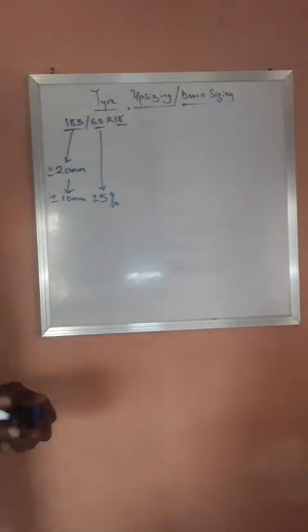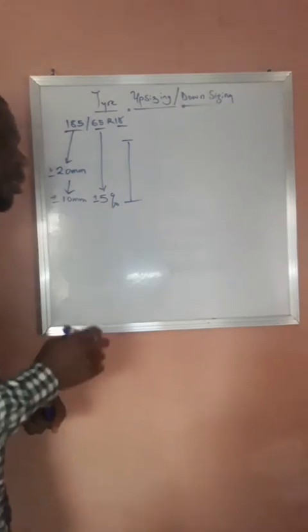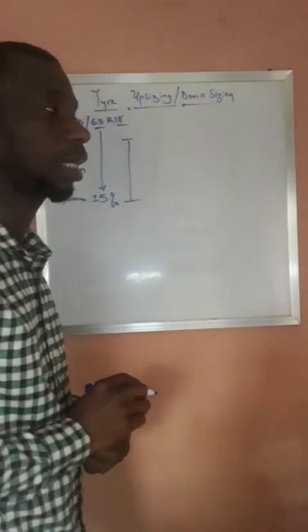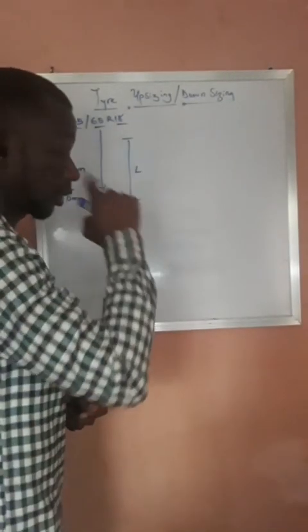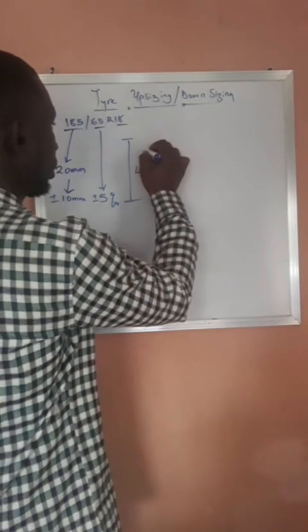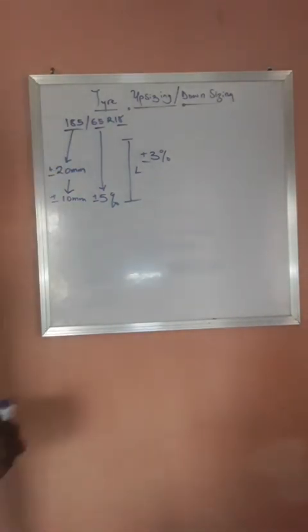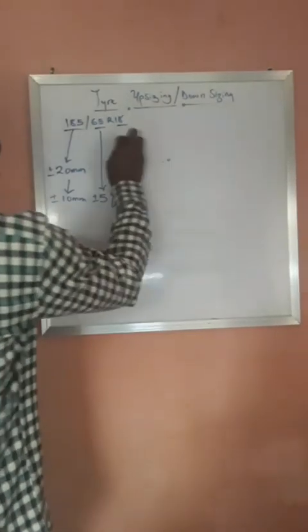And for the total length of the tire, you only have 3% to increase or to decrease. So let's go back to our case study and see how it goes.